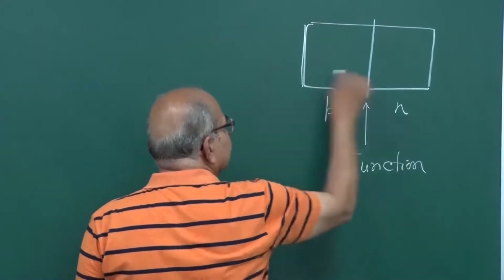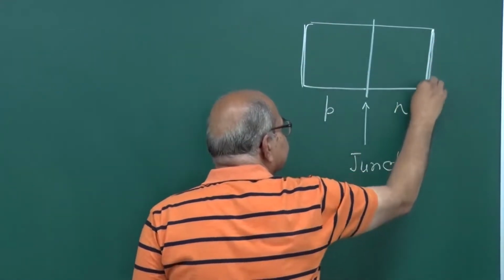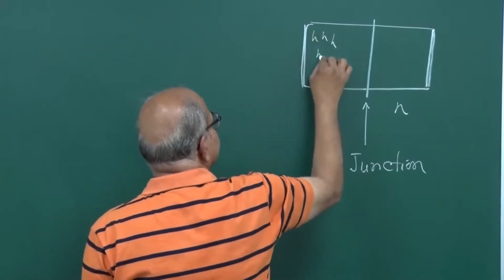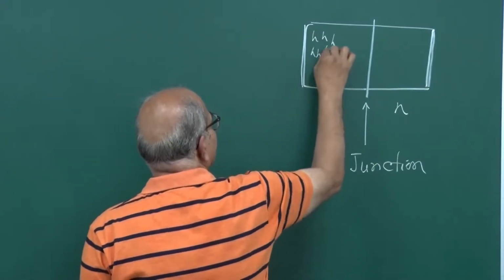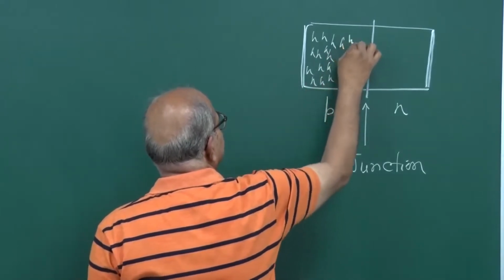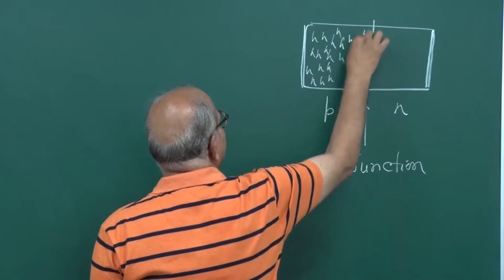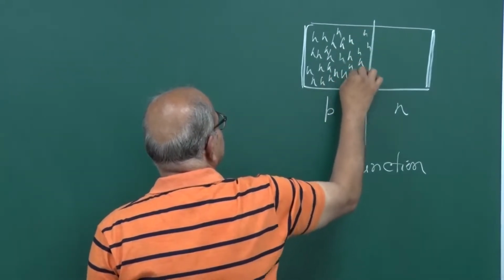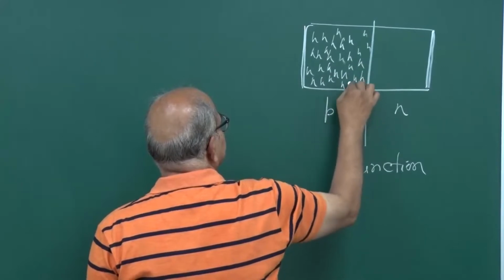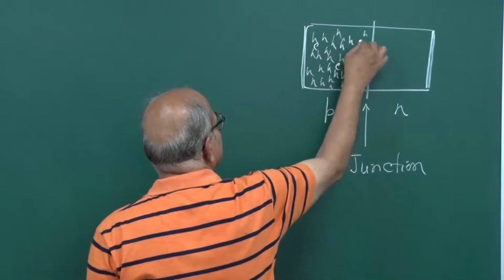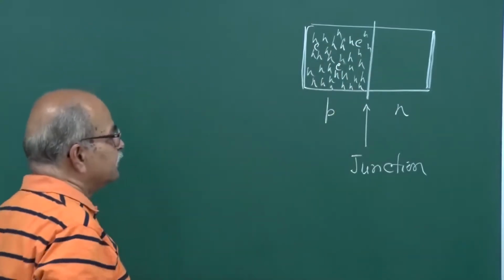From here you connect to the external world, and if this is p-type, you have a large number of holes here to start with, and some conduction electrons, minority carriers.